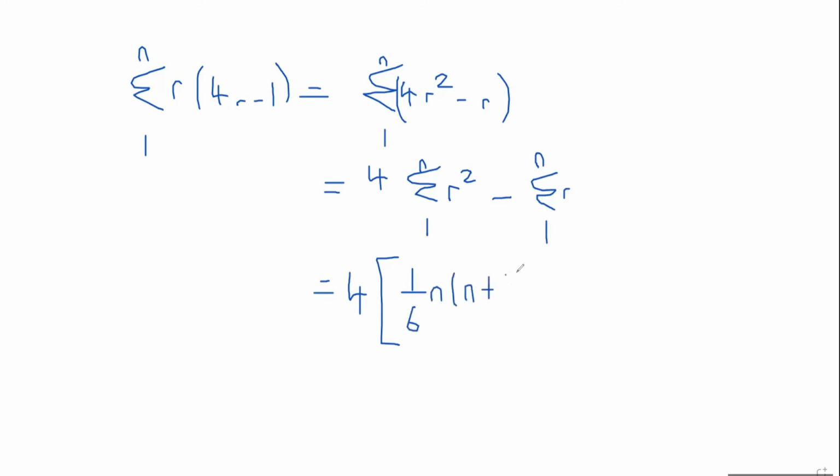So that's what we plug in for the sum from 1 to n of r squared. Then, of course, we're subtracting the sum from 1 to n of r. And the sum from 1 to n of r is a half n times n plus 1. This is minus a half n times n plus 1.